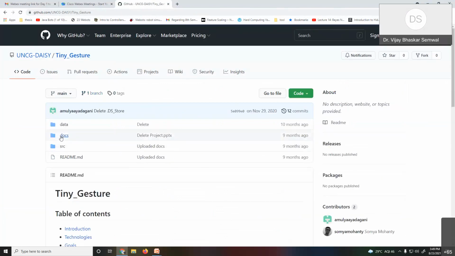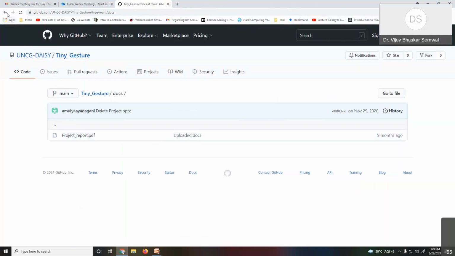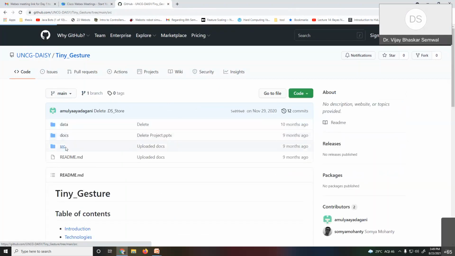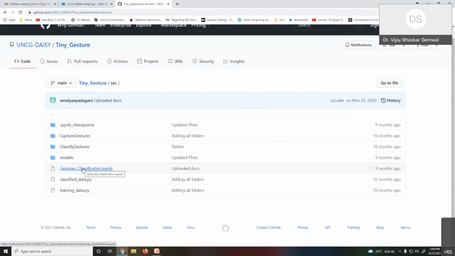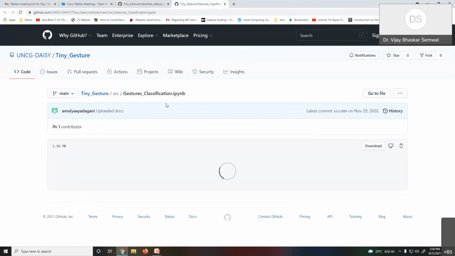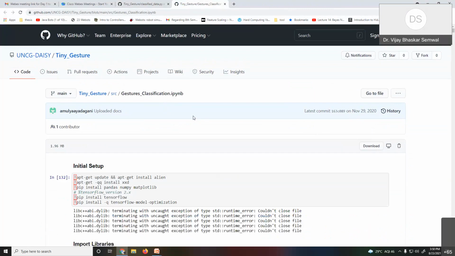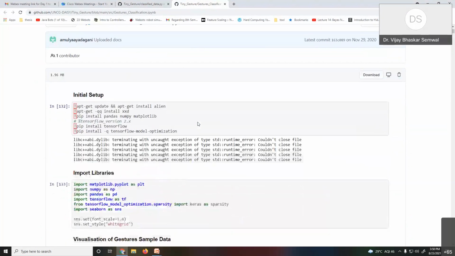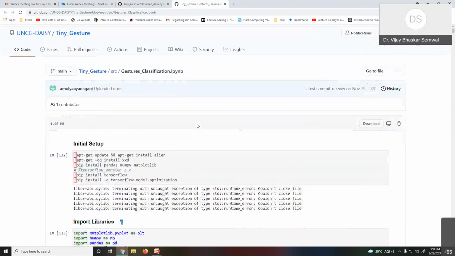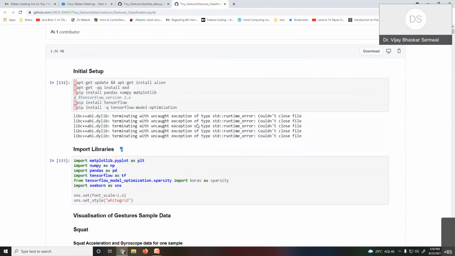After that you can check the code also. The document is also here, and the PPT and report are here. The gesture code is here, Python code. Amulya was working on this as an undergraduate project. You can run it directly in Google Colab.